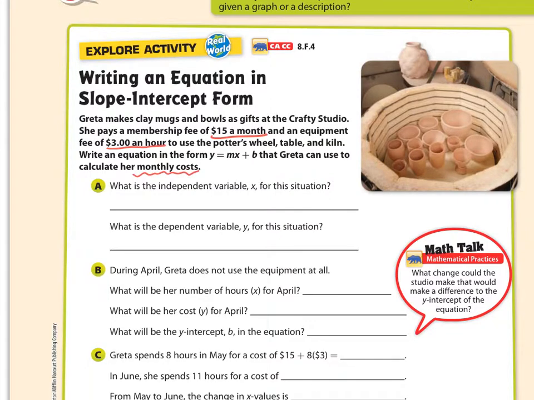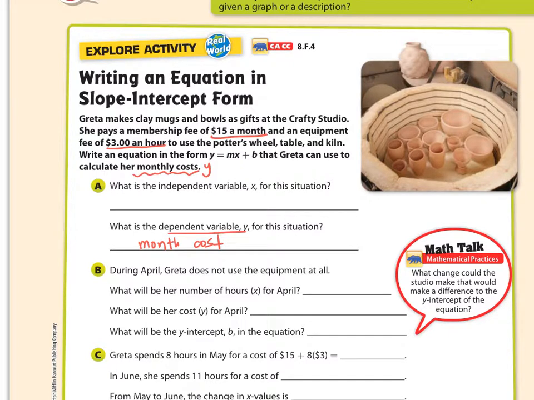So her monthly cost is going to be her ending result, her y. So we've got to figure out what's going to make up her monthly cost, or just the cost for 1 month. The cost for the month is the y. That's the dependent variable. And what is going to change?